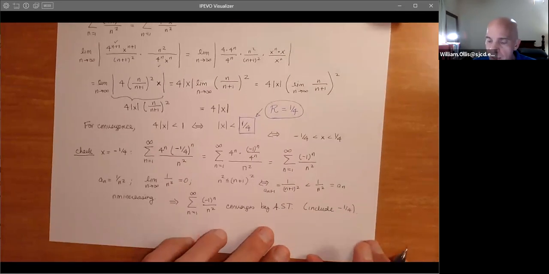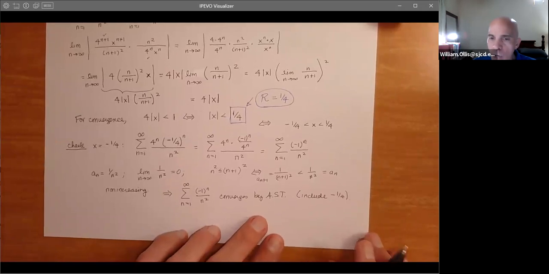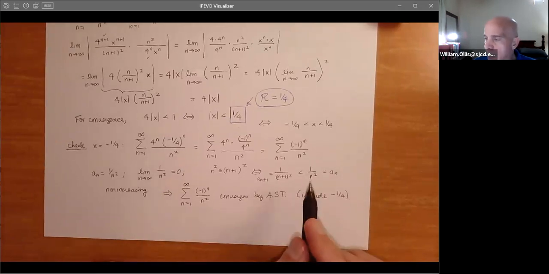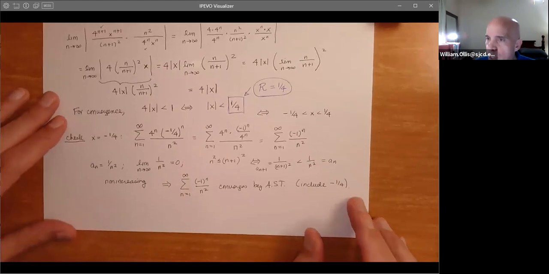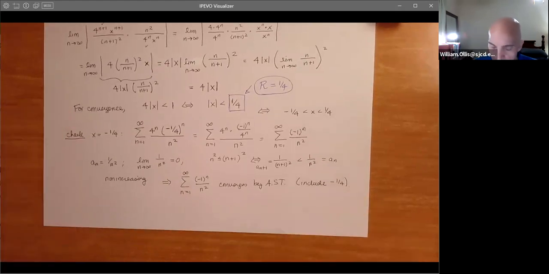So again, the idea here is that we're not really done until we check the endpoints, because the theory doesn't give us a specific dictate about what happens at endpoints. There's no way that it could. So that's something we have to check, and not a big deal, right?